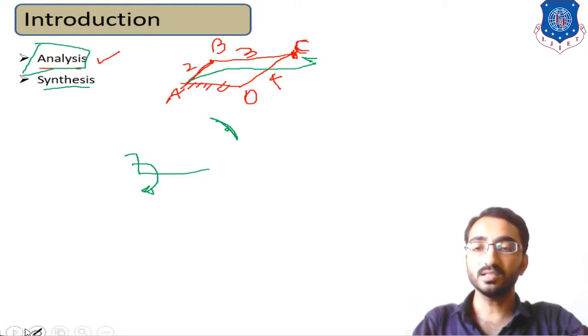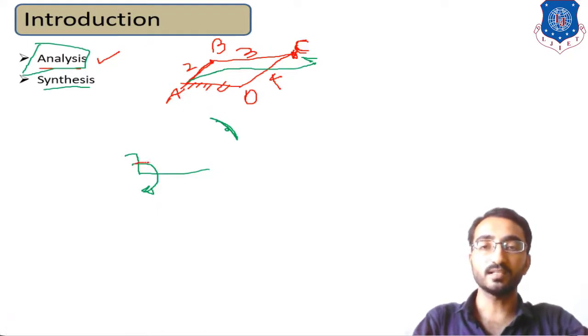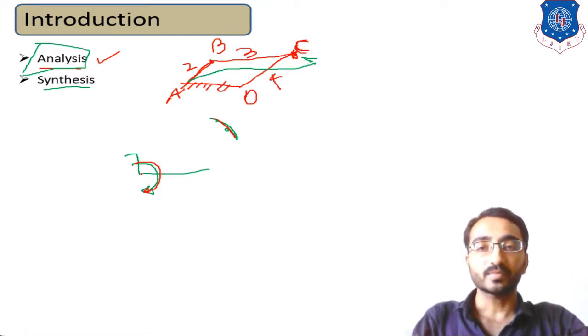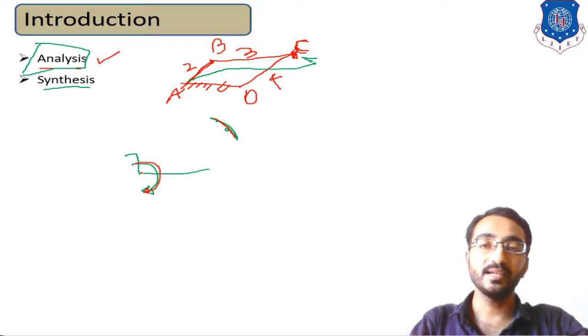So we have identified that in this process we have input as rotary motion and output as oscillatory motion. Now how will you achieve that? For that you have to design a mechanism. This design of a mechanism to get the desired output is known as synthesis.